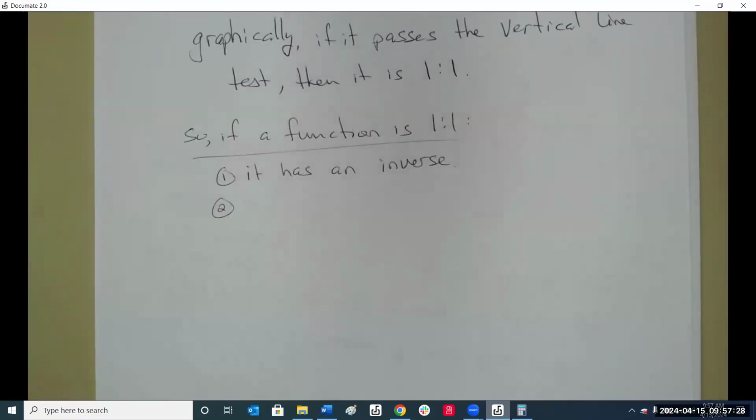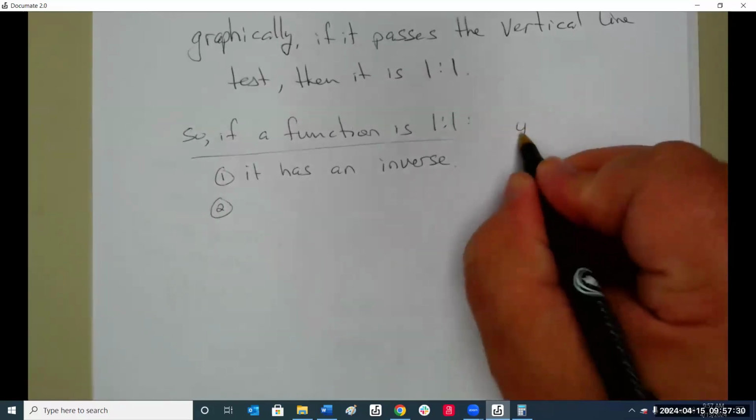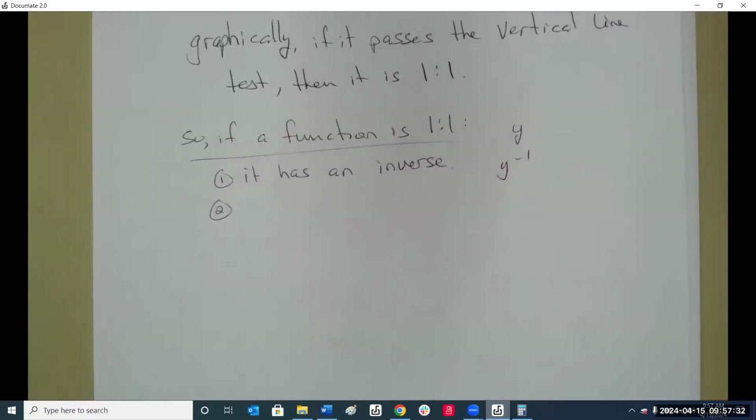What else does that mean? Remember, we switch X and Y.